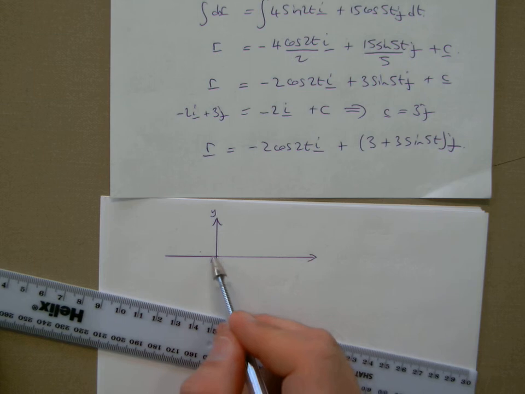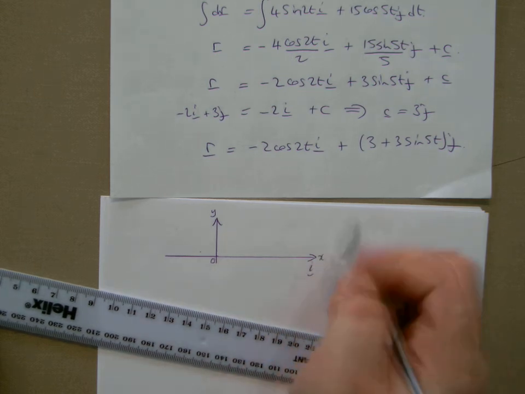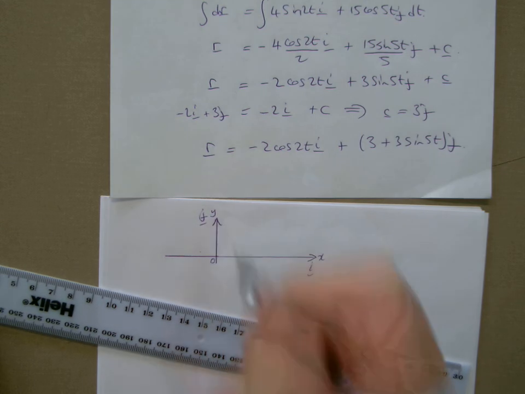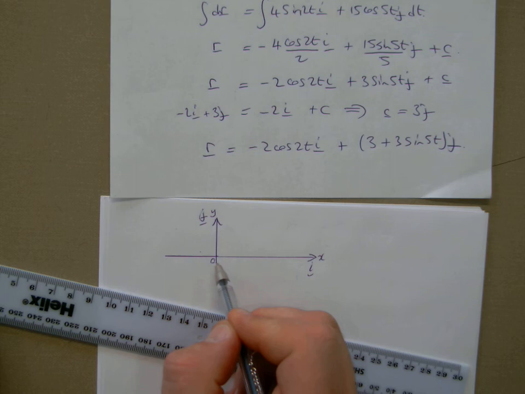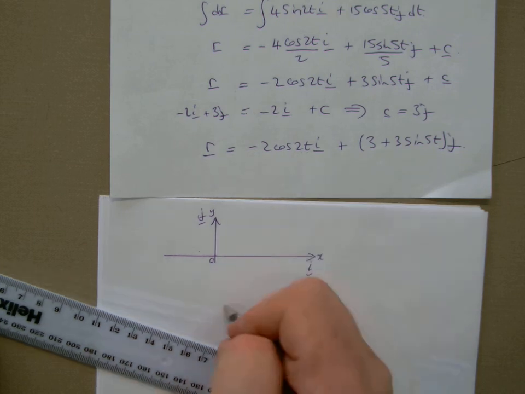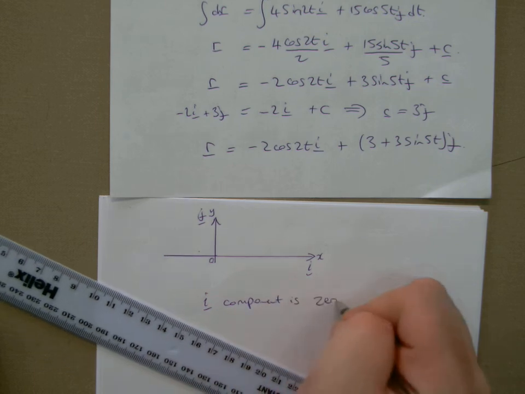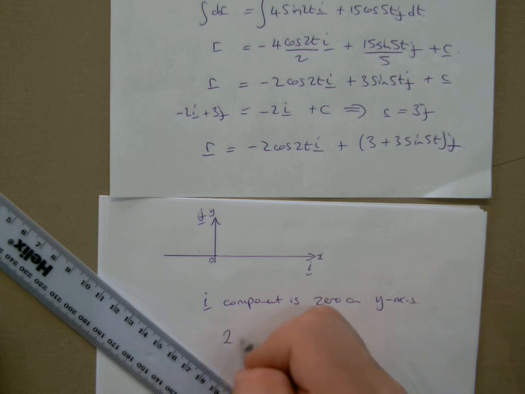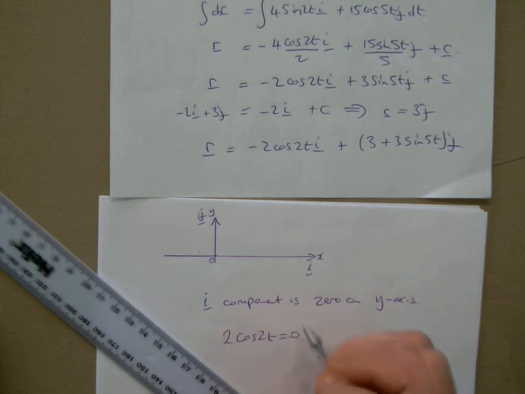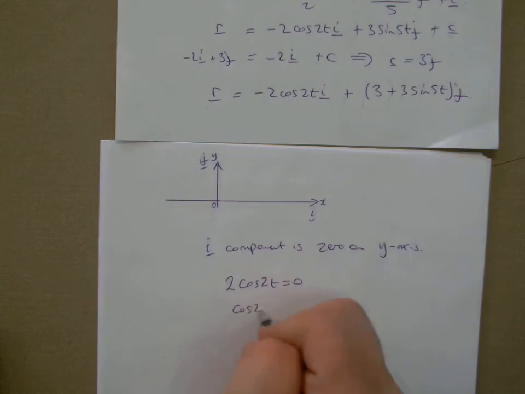Because remember, i goes across in the x direction, and j's go up in the y direction. So when it crosses the y-axis, the i component is 0. So 2 cos 2t will equal 0, which means cos 2t is equal to 0.